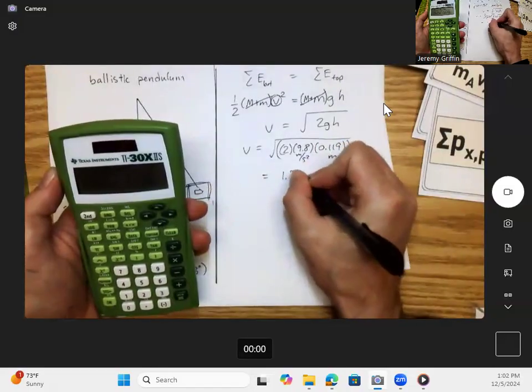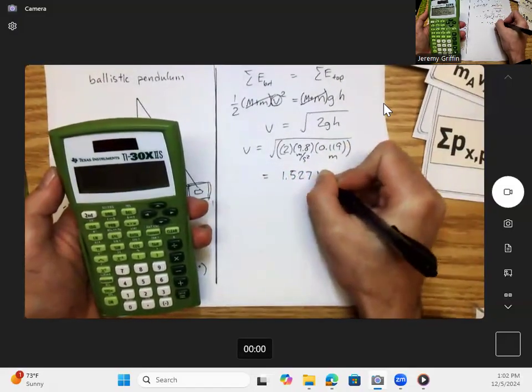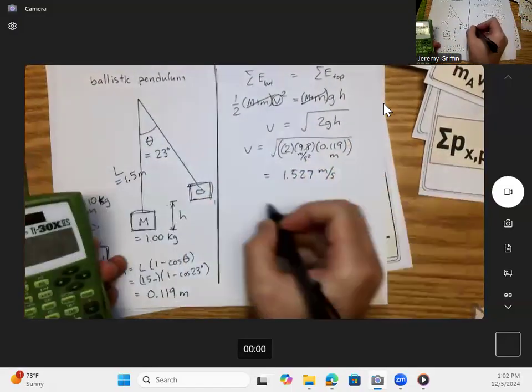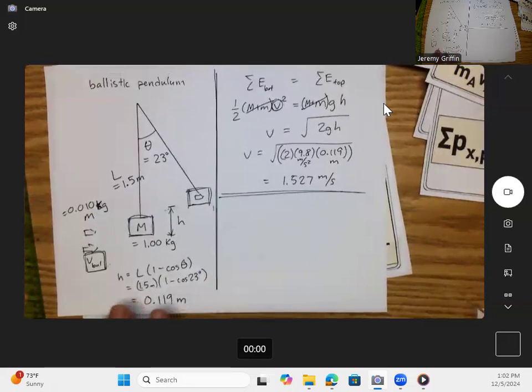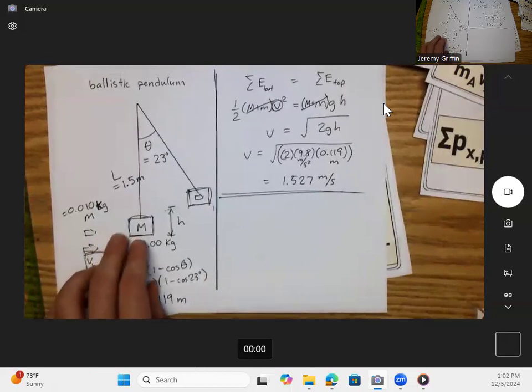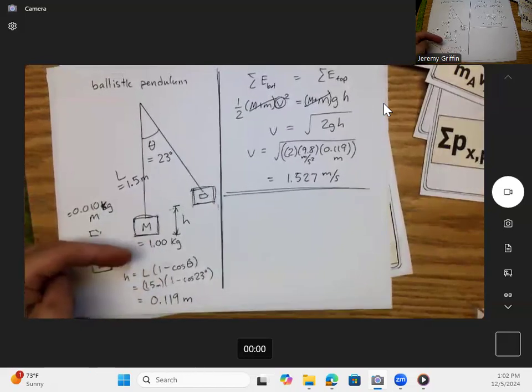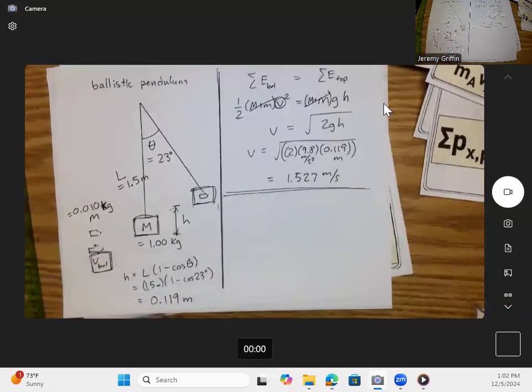I'm getting this many meters per second. Okay. Again, that's not the firing speed of the bullet yet. That's how fast was the block with the bullet in it swinging at the bottom so that it swings up to that height. So we're about halfway finished here.